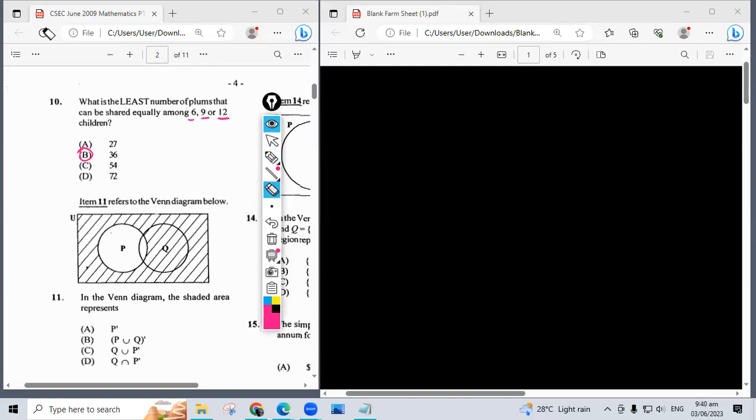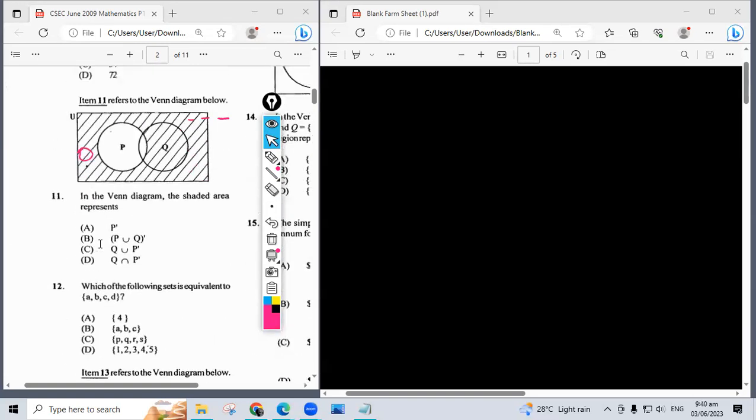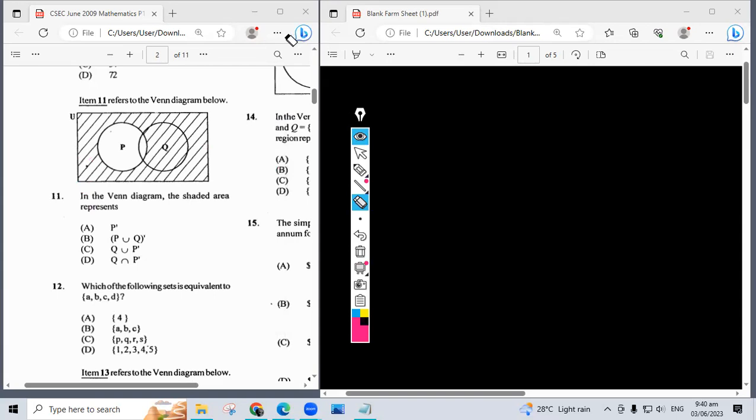Oh, Venn diagrams. I always like Venn diagrams. I know you all don't like Venn diagrams. So let's see what we have here. 11 and 12. You all notice nothing in P is shaded.